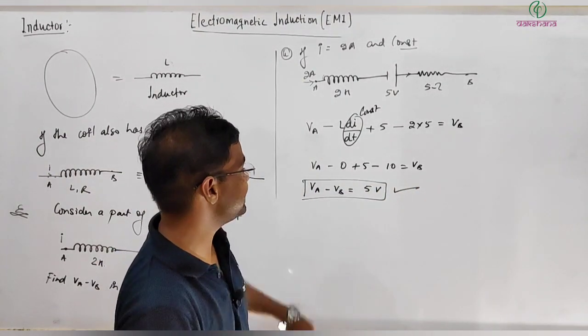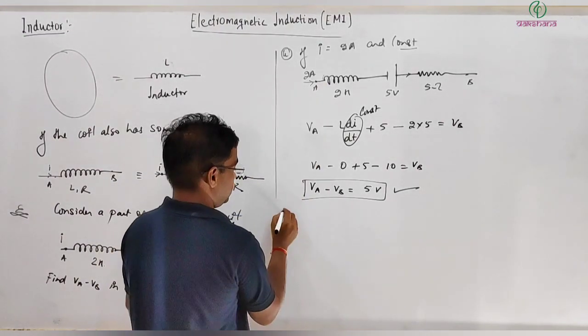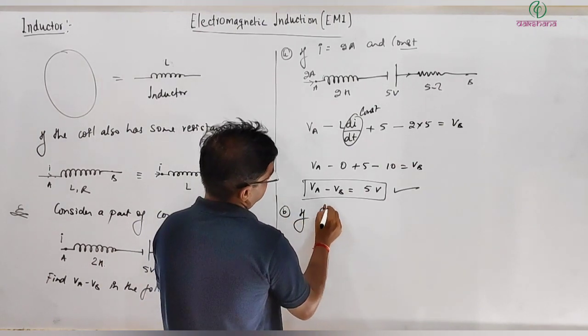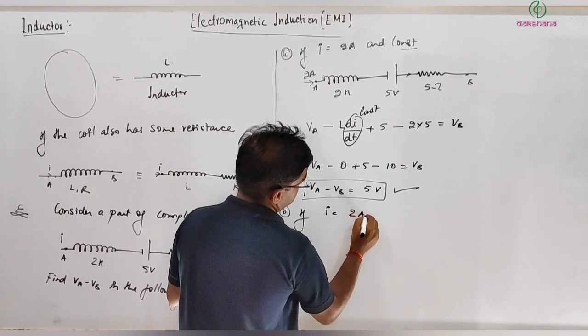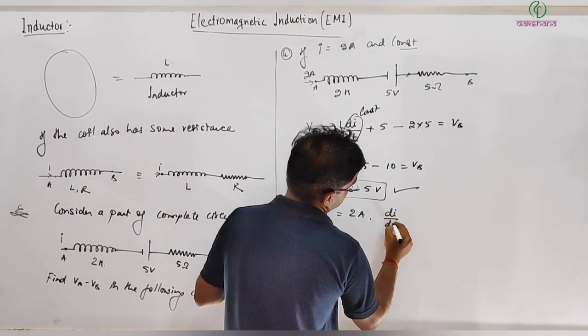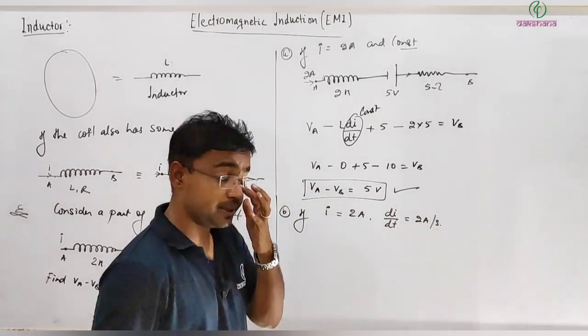So here you can say A is still a high potential, right? I solved it actually. All right, let's say B part. So if I is again 2 ampere and di by dt is also 2 ampere per second. Clear?